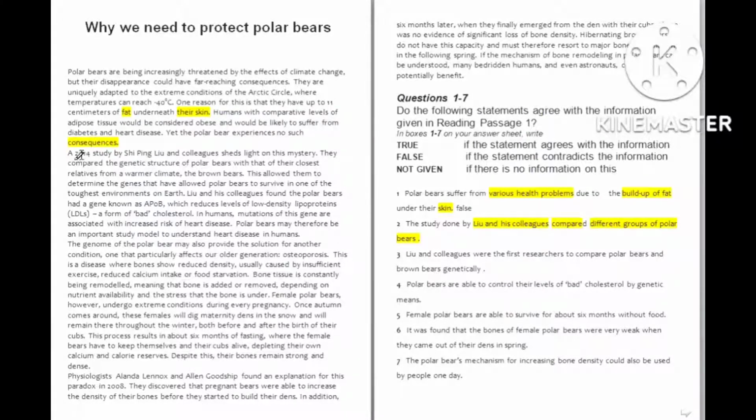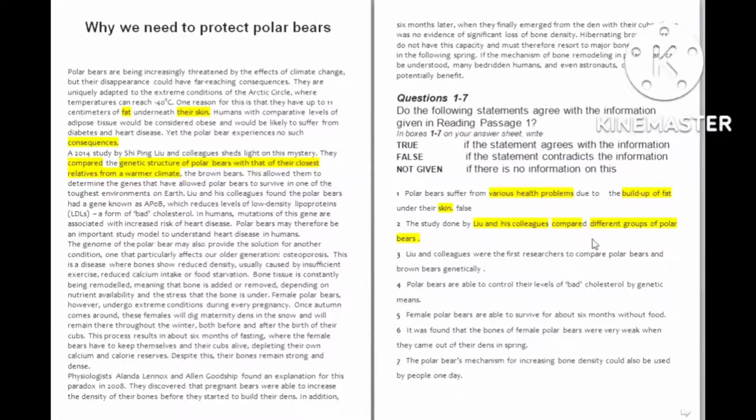In the second paragraph, the first line: a 2014 study by Lee and colleagues shed light on this mystery. They compared. We find the word compared. Sometimes we find synonyms in the paragraph, but here the word compared is given. The genetic structure of polar bears with that of their closest relatives from a warmer climate, the brown bears.